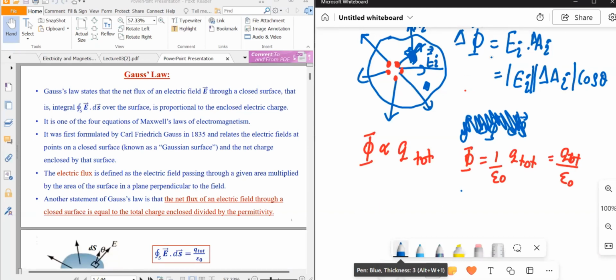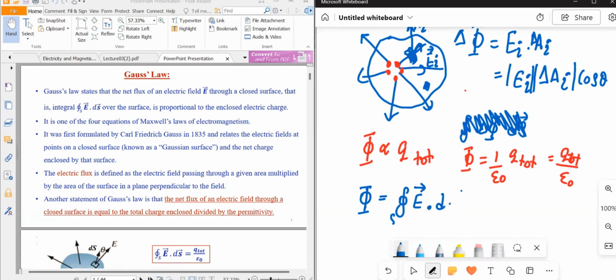Now we considered a delta psi. In order to calculate the total flux, the net flux through a closed surface, we need to consider the surface integral over the closed surface of E dot dS. Initially we considered for this small area segment, what is the delta psi, the small flux that will be generated through this area.